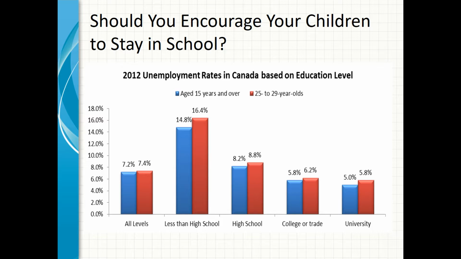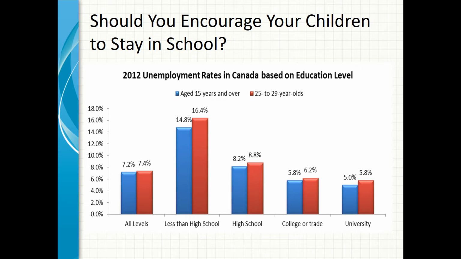Now, just going back to my last point about why we believe that we should subsidize people to go to university or college even if they can't afford it. If you look at the unemployment rates based on education level, you see that the people with less education, in this case it says less than high school, have much higher unemployment rates than people who graduate from high school.